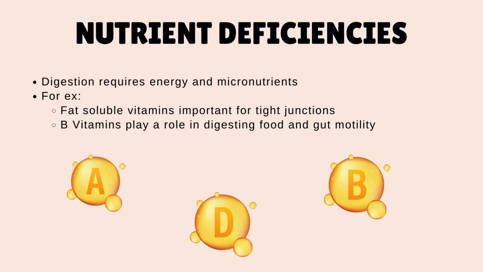Well, acetylcholine production requires B vitamins and vitamin D. And the B vitamins not only play a role in assisting with digestion, but there's also some data showing that various microbes in our gut produce some B vitamins, suggesting that a healthy, normal intestinal microbiome may serve as a primary source of B vitamins. Regardless, proper digestion requires B vitamins to perform various functions, so ensuring that we are regularly eating nutrient-dense foods is important to support proper gut functioning.